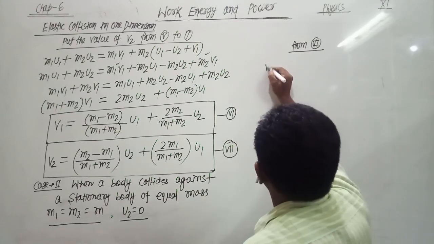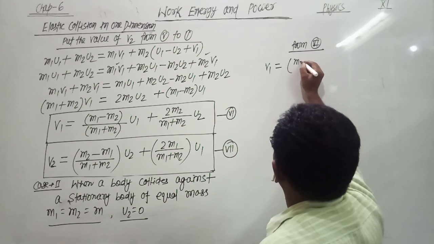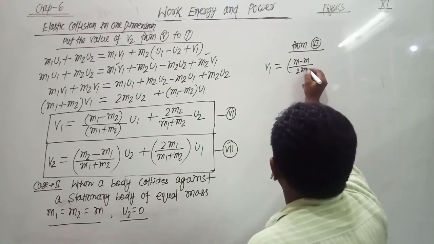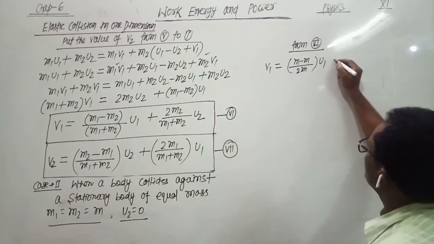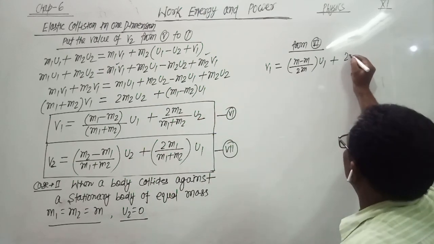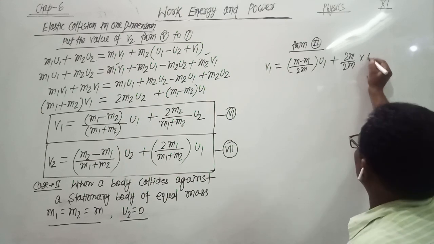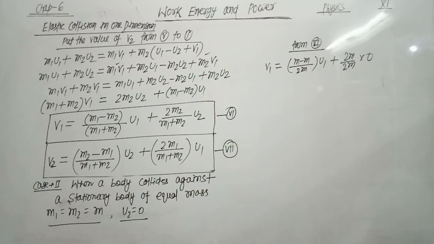So v1 equals (m minus m) upon (m plus m) into u1, plus 2m upon 2m into 0, because body B is at rest.